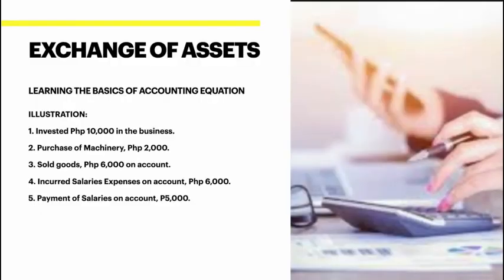For the last transaction, payment of salaries on account, 5,000 pesos. In this transaction, the company decided to pay the portion of payables that they have on item number 4. So, how do you think we record this type of transaction in the accounting equation?